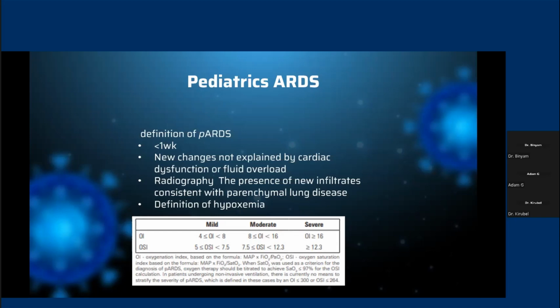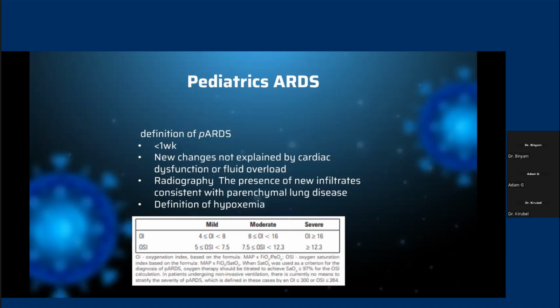Especially, the difference from the adult one is that sometimes unilateral opacities can also be considered in the ARDS definition. And also the definition of hypoxia is different in pediatrics when you compare with the adult ones. So they used this after the Pediatric Acute Lung Injury Consensus Conference.